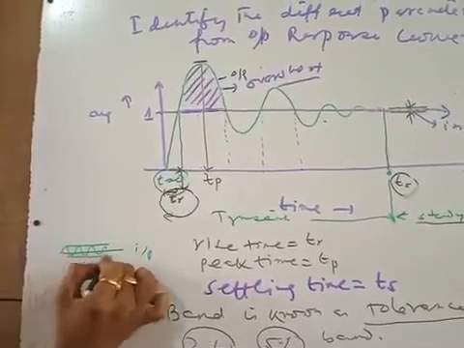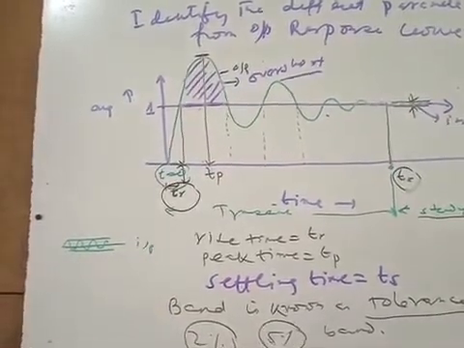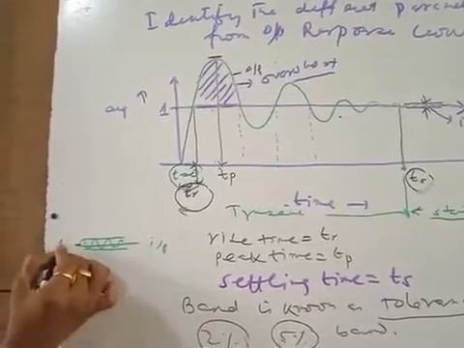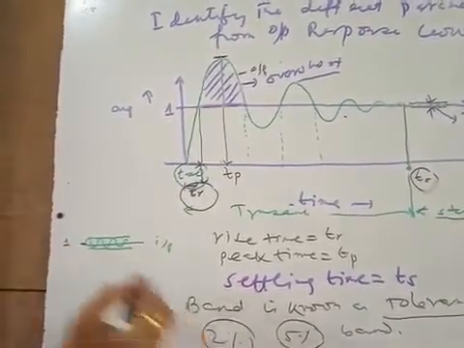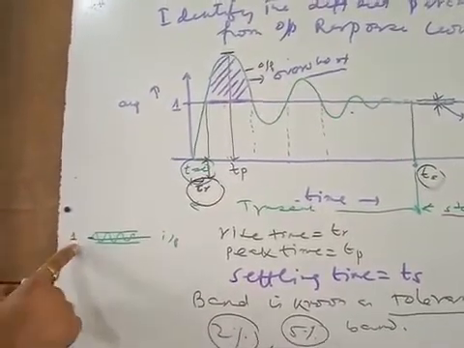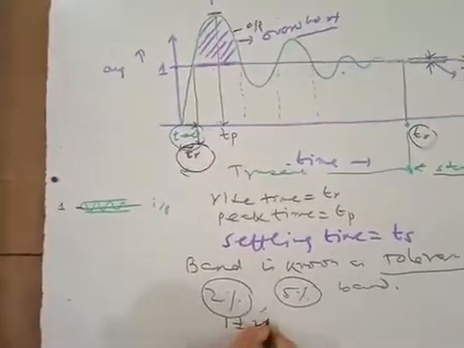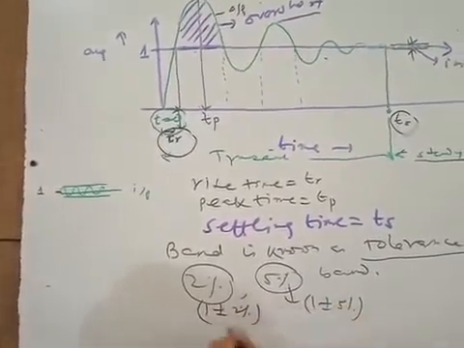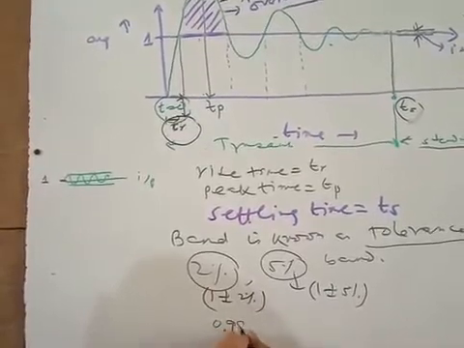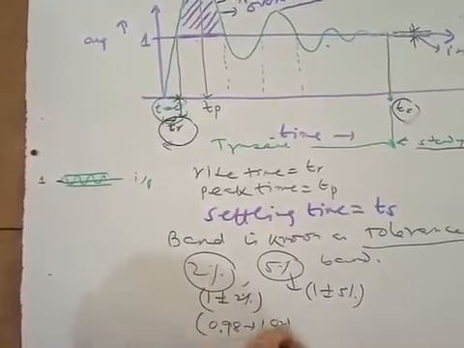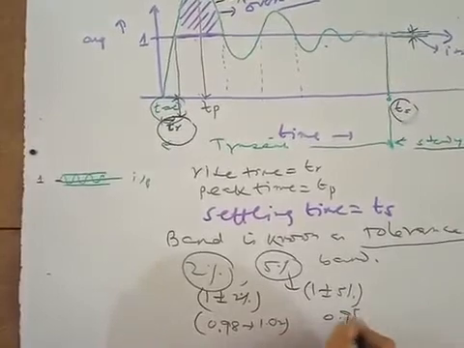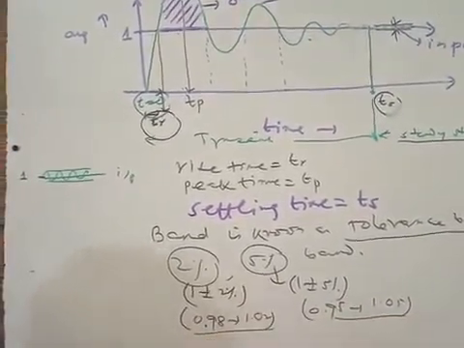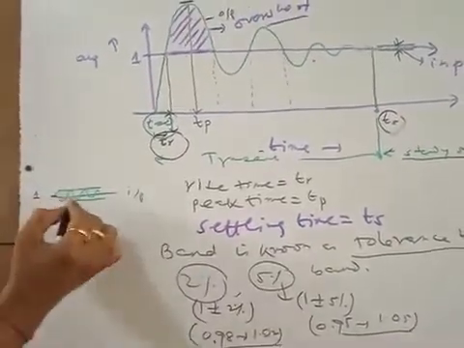If this is input, its value is 1, and the bands are 1 plus minus 2%, that is 0.98 to 1.02, and 1 plus minus 5%, that is 0.95 to 1.05. These are the values of the output signal about the real axis.